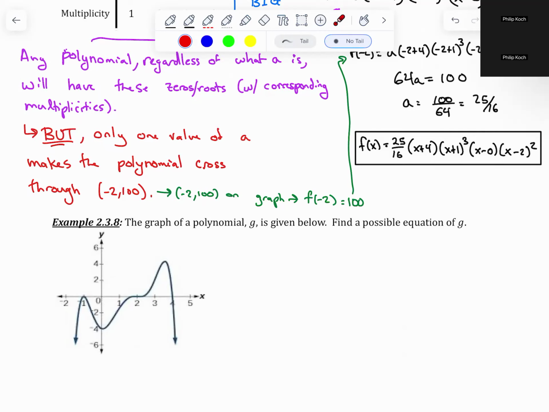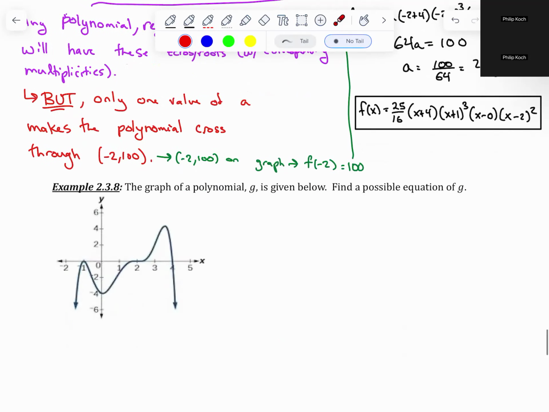So notice that it says find a possible equation for G. And we'll explain why it says possible in just a moment. So we have these three zeros. And what we just learned is that the zeros make up the factorization.